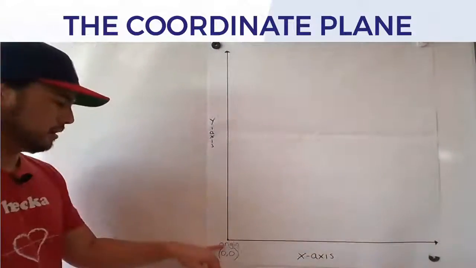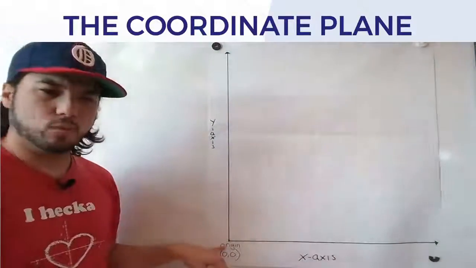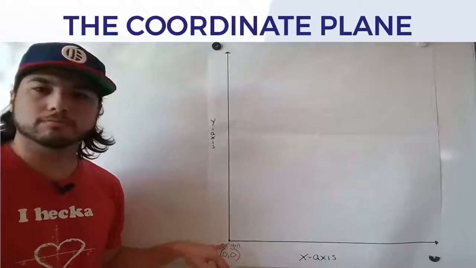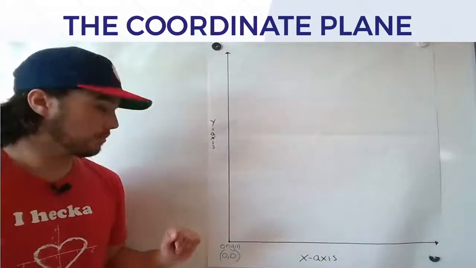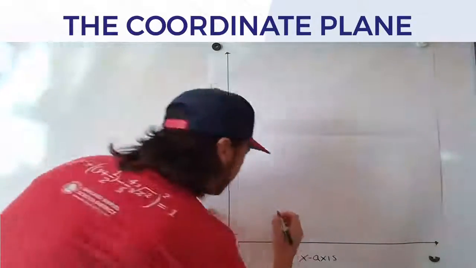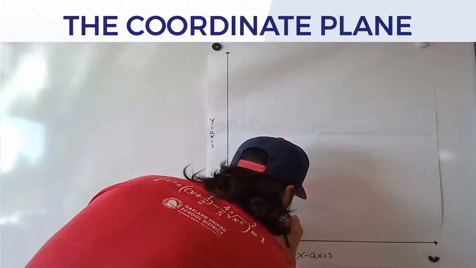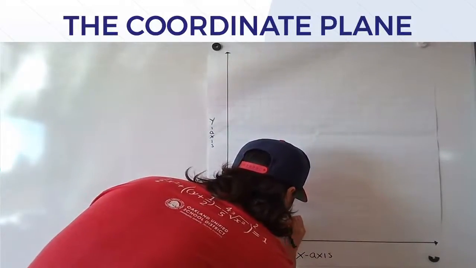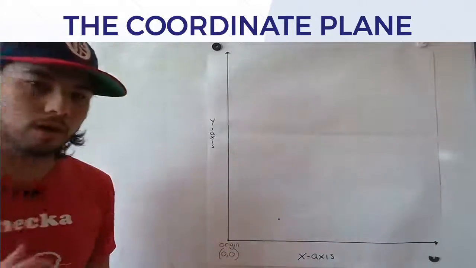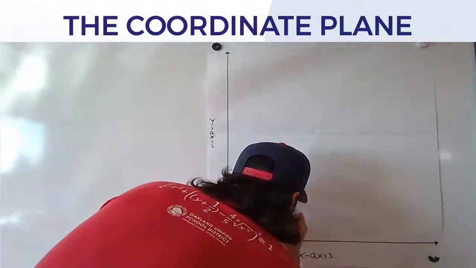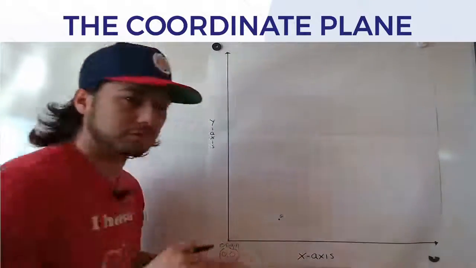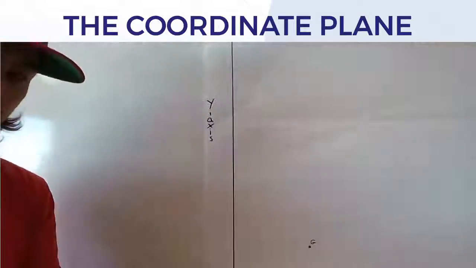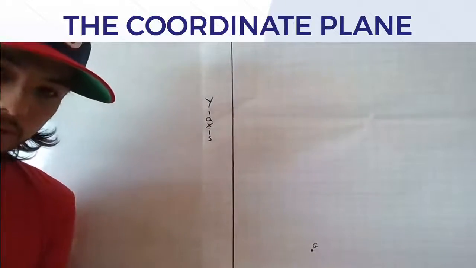Okay, so let's say, for instance, let's imagine, if you will, the origin right here, that's your house. And then we're going to make this point here, we'll call it G for the grocery store.